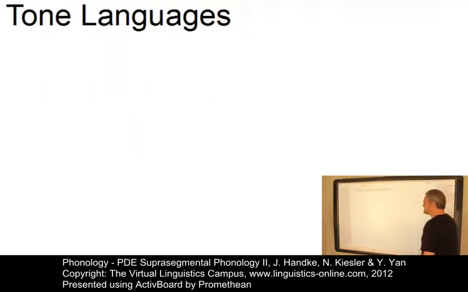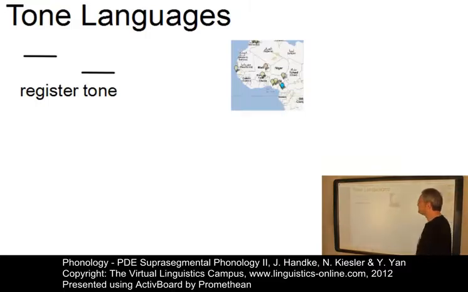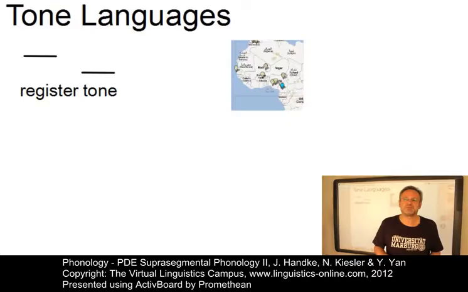Now, the simplest kind of a tone language uses two possible tones: high and low. Such languages are called register tone languages, and we find examples of them primarily in Africa, for example within the Bantu languages of Africa.